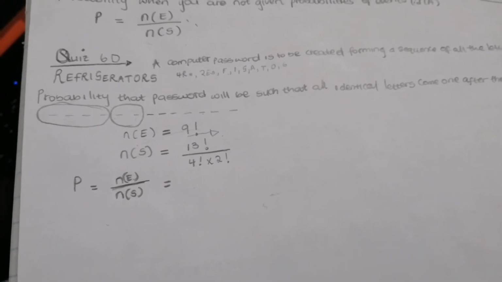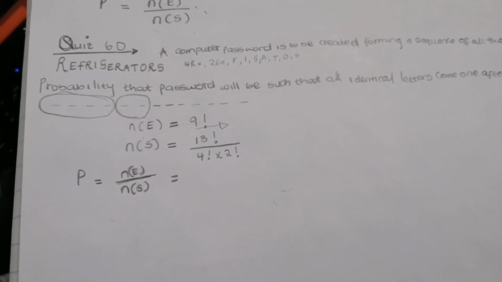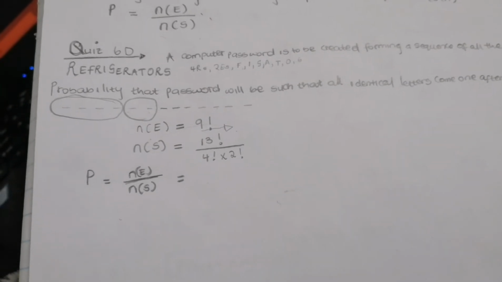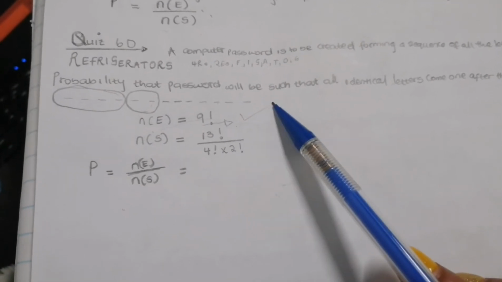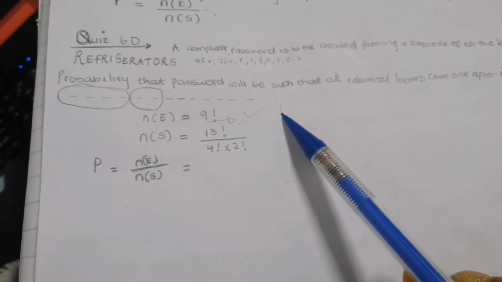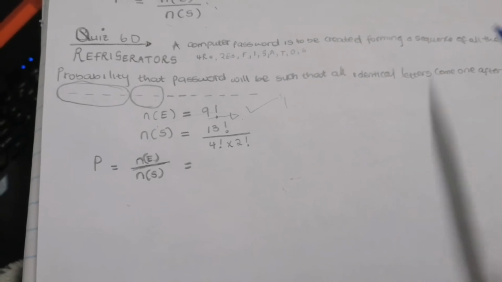Remember, under counting methods, you were given a scenario and then conditions to meet, and then you solve that. So n(E) you'll just do the way you know how to do your counting methods.